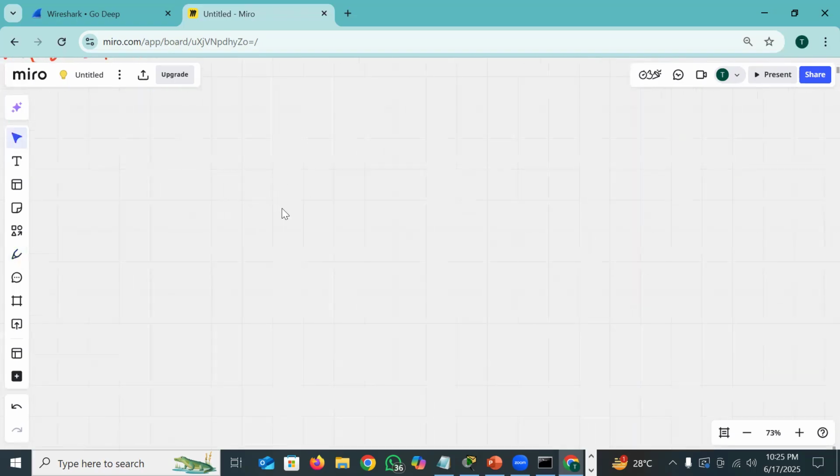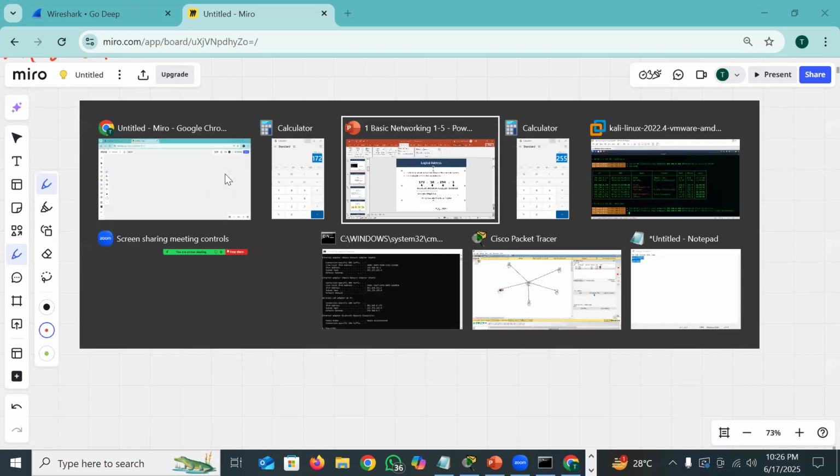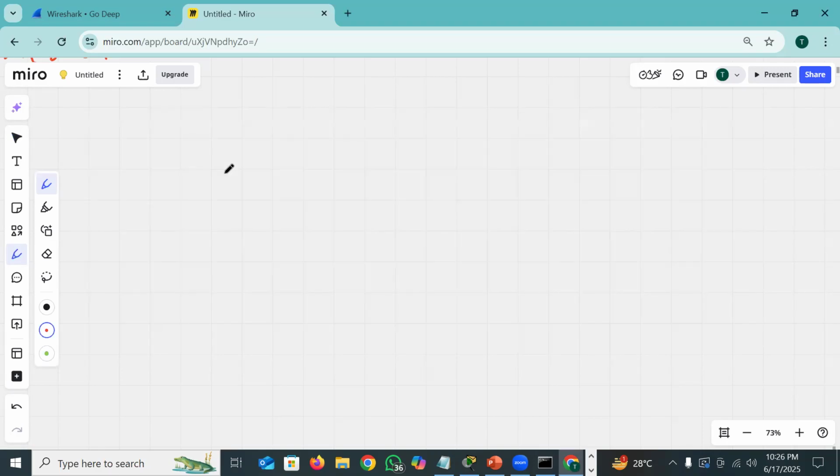Just type an IP address or unmute and tell me any IP address you want to take for the binary calculation. Can you put any IP address? Is it clear or no? If it is all clear, then it is fine. If not, then please let me know any IP address.